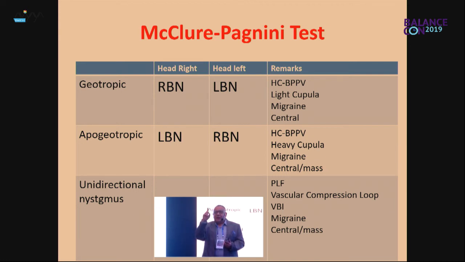Because if the nystagmus is towards the ground in one position, that's not enough to say geotropic. At least the nystagmus should keep beating toward the ground in head right and head left. Otherwise, don't use it, it will be confusing.